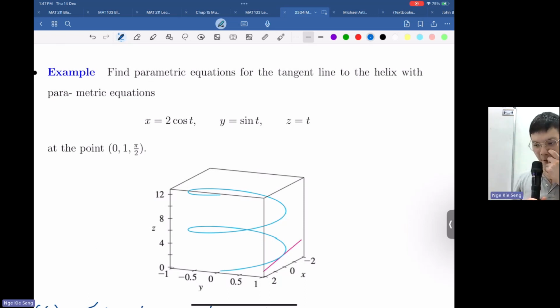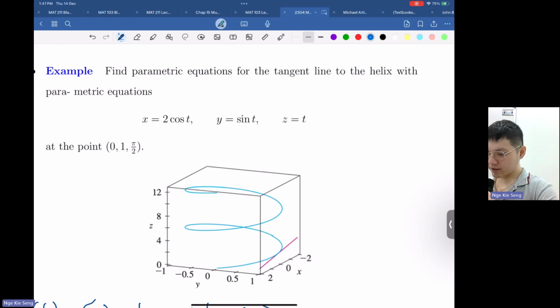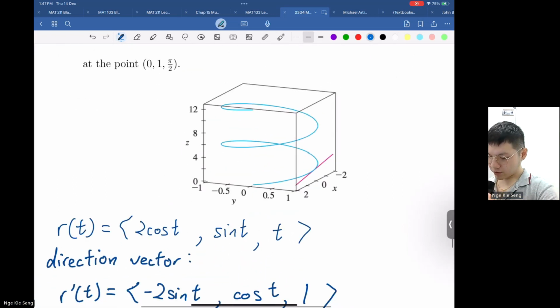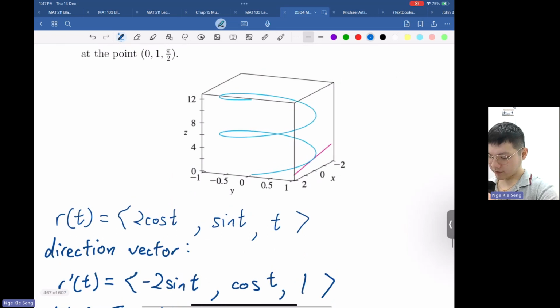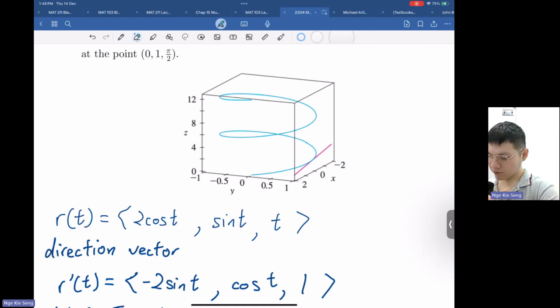And so let's do it. How to find the tangent line? First, you differentiate your function f of t, right? This is the direction vector for the tangent line.